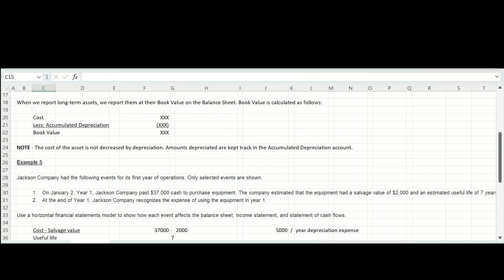Now, accumulated depreciation is a balance sheet account which captures the depreciation expense over time, and it lowers the cost of the asset to get to what's determined to be the book value. So just a note here, the cost of the asset will not be decreased by depreciation. The depreciation amount will be kept track of in the accumulated depreciation account.